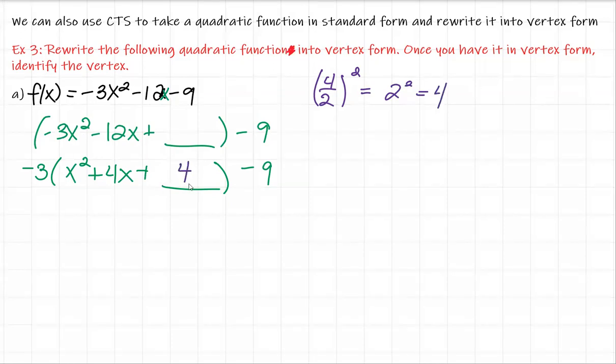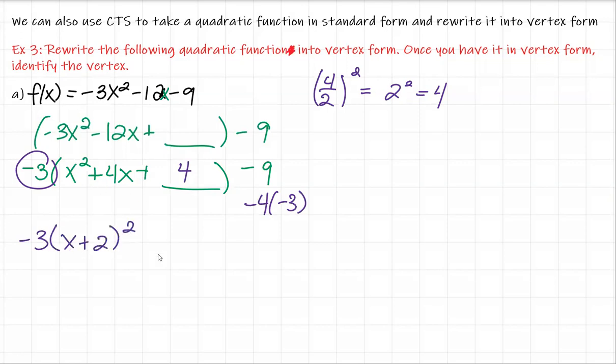So plus 4. And now here's where you've got to be extra careful. We're going to balance by subtracting 4, but not just 4. It's 4 being multiplied by this negative 3. So minus 4 times negative 3. I get negative 3, and I can factor this into x plus 2 squared.